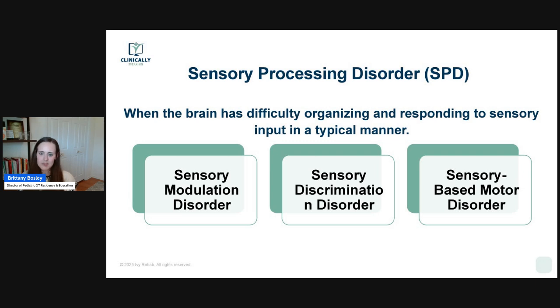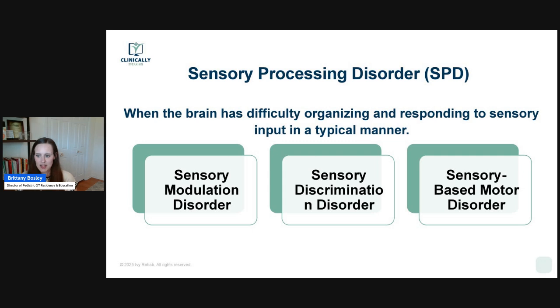Some common signs and symptoms between all three of these, but not all inclusive, can include behavioral symptoms such as avoidance of certain sensory experiences, like engaging with Play-Doh, going to the pool with that chlorine smell, certain sounds like a parade with fire engines and fire sirens, or certain activities.